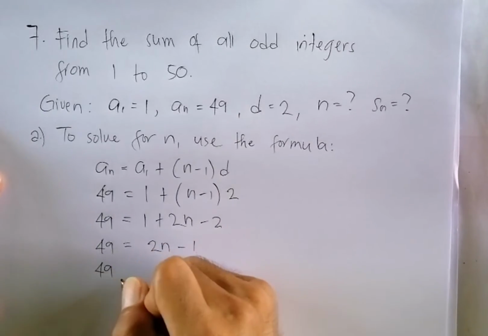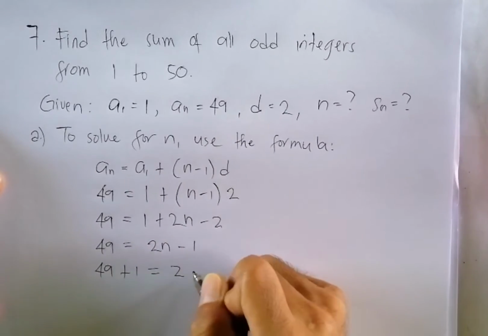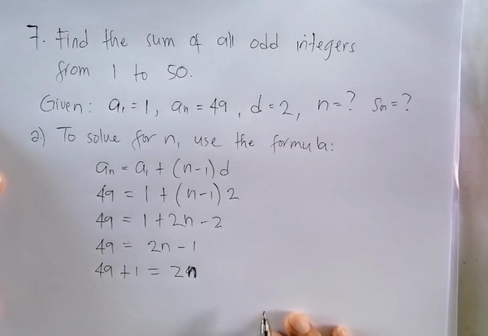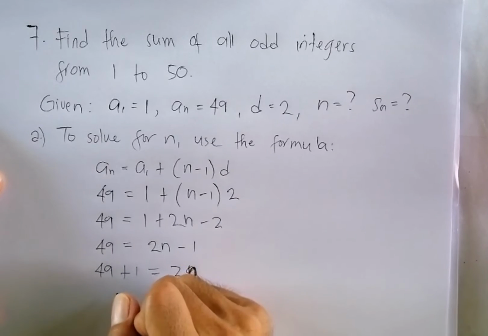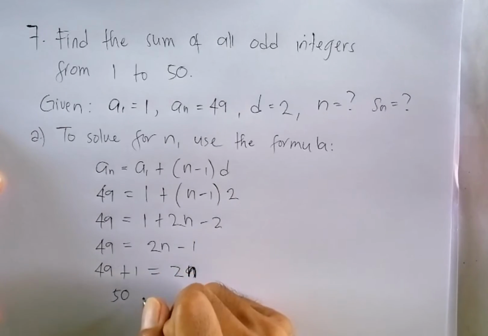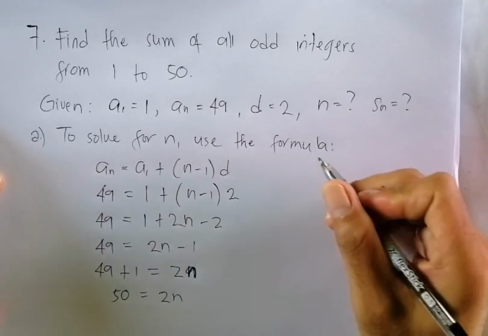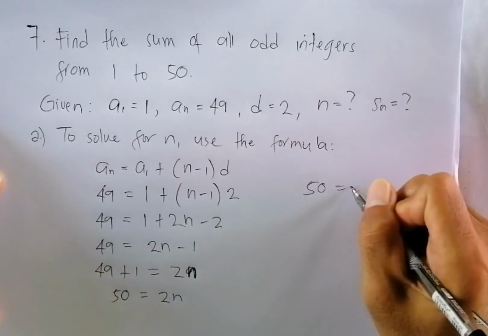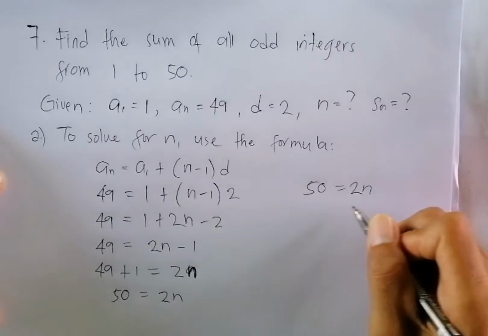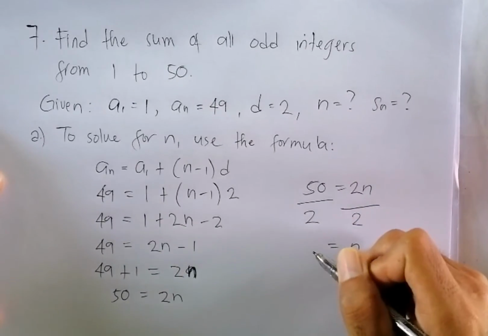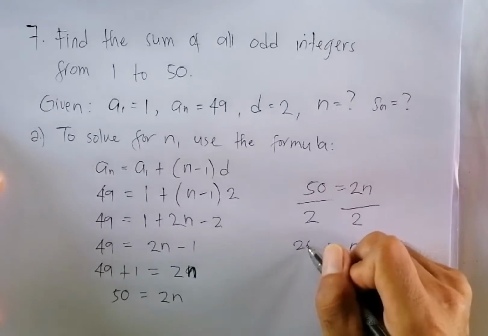So by applying the addition property of equality, 49 plus 1 is 50 is equal to 2n. In order to eliminate 2, so that the remaining term is only n, we're going to divide both sides of the equation by 2. Therefore, n is equal to 25.